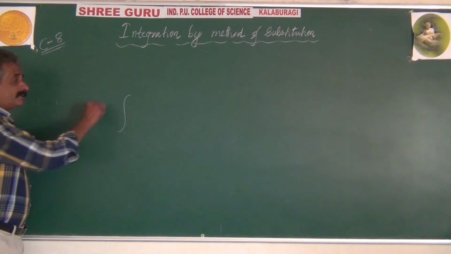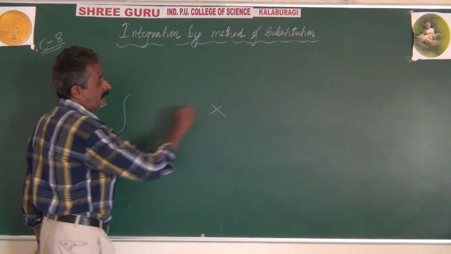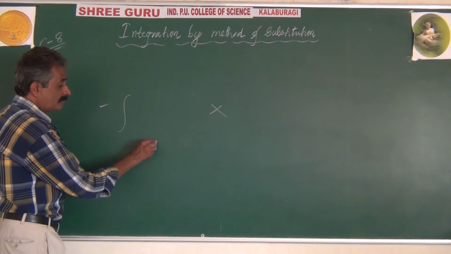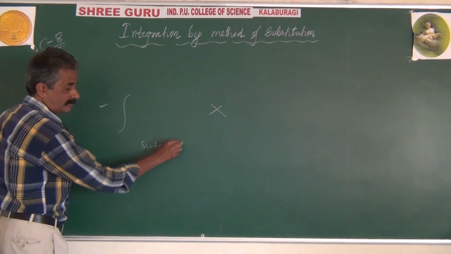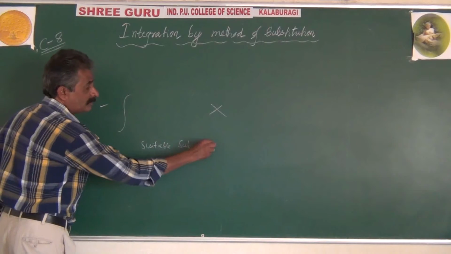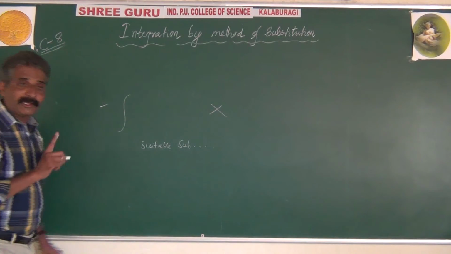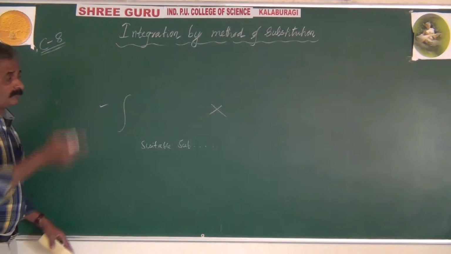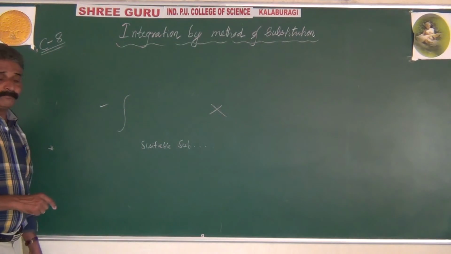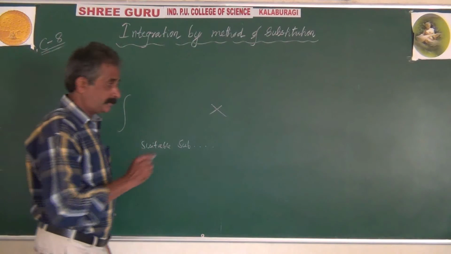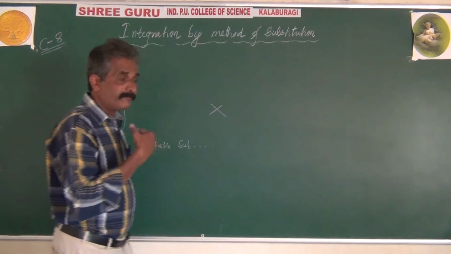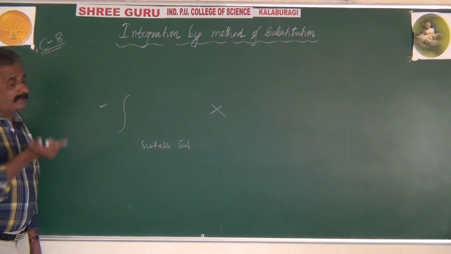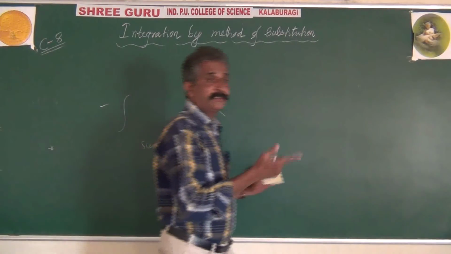Think that our integration is not able to be evaluated by any of the earlier methods. In that case, take a suitable substitution for the appropriate function. That depends on the problem. You will come to know. These are the points to be kept in mind. Take a suitable substitution for the appropriate function, so that when you differentiate that function, there must be a presence of its derivative.